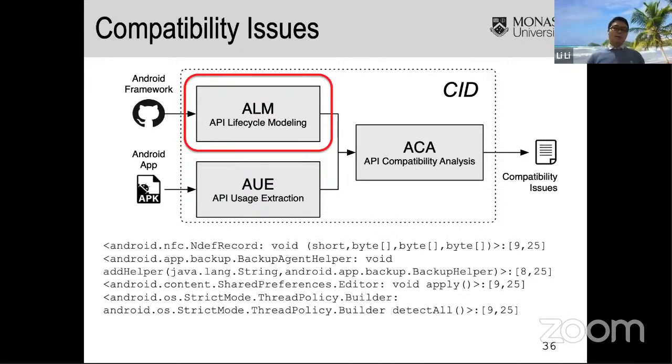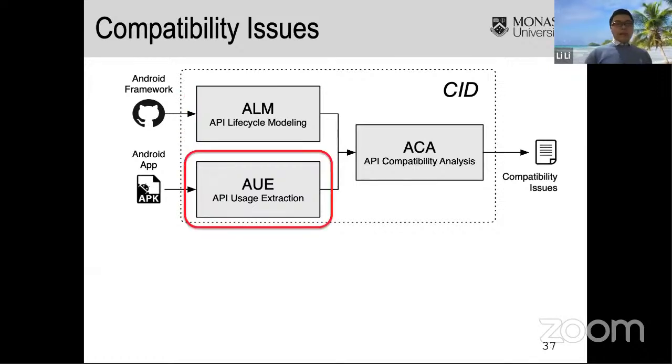After this step, we could build a mapping, something like shown in the bottom, like the lifecycle ranges for each API. And the second module takes as input the Android bytecode APKs, trying to extract all the APIs used by this app.